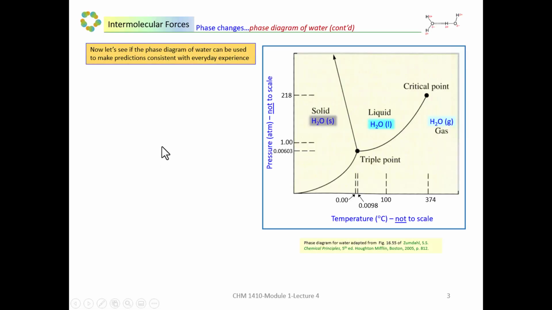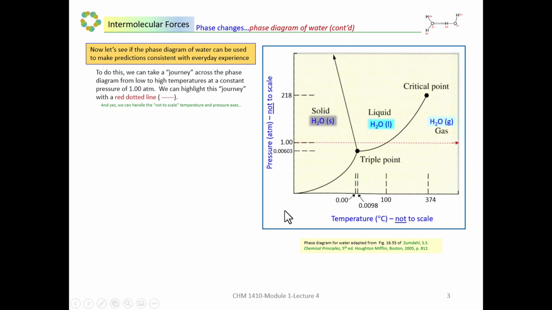Now let's see if the phase diagram of water can be used to make predictions consistent with our everyday experience. So I've reproduced the phase diagram to the right here. To do this, we can take kind of a journey across the phase diagram from low temperature to higher temperature at a constant pressure.